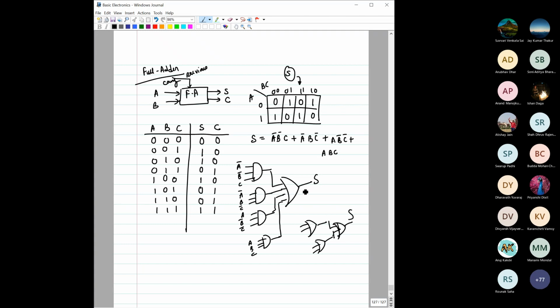That is also possible. If you do not want to use a 4 input OR gate, then you can split it like this: 3 plus 1, right? A 3 input OR gate and one more OR gate. That also you can use. Yes.